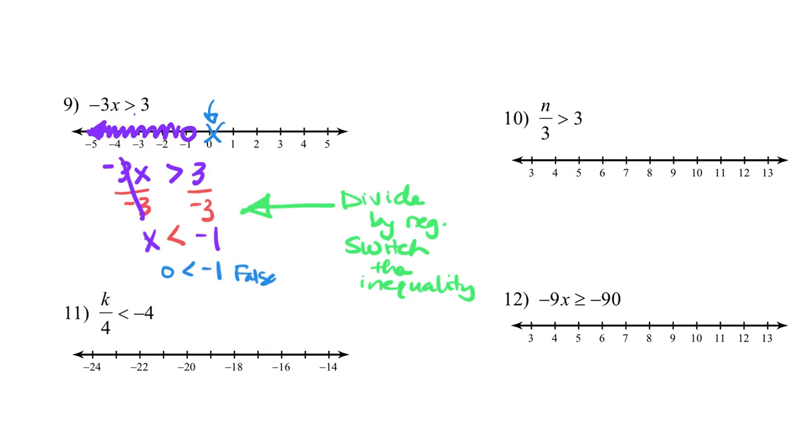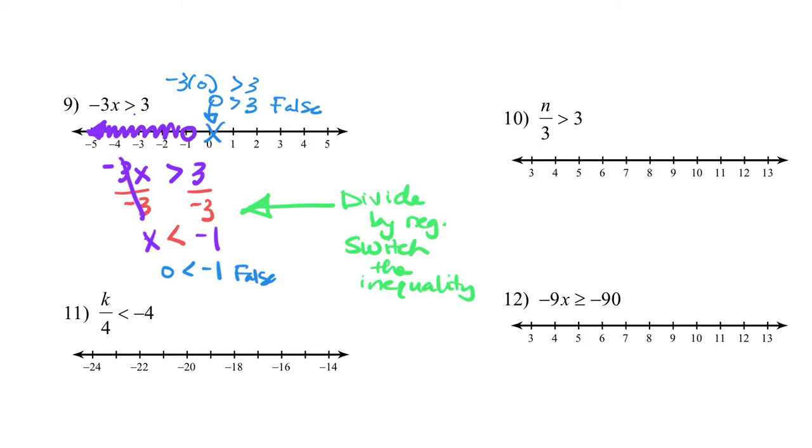If I test in the original up here, -3 times 0 is greater than 3. -3 times 0 is just 0. 0 is not greater than 3, so again, this is false, and so it is not part of our solution. If 1 point is not part of our solution, then no point on that side is. So our answers are all the values that are less than -1 going all the way to negative infinity.